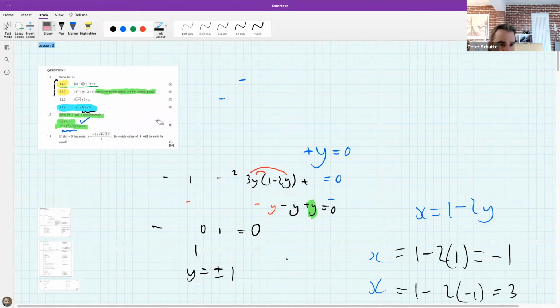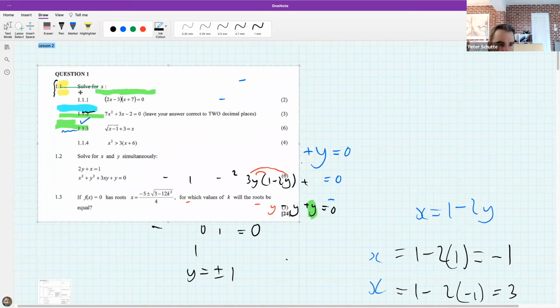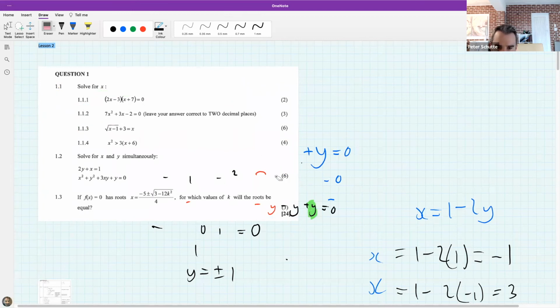But let me make this a bit bigger. All right, so what I want to focus on in the next part of this lesson is a surd equation, and then maybe some basic exponents if there is time.